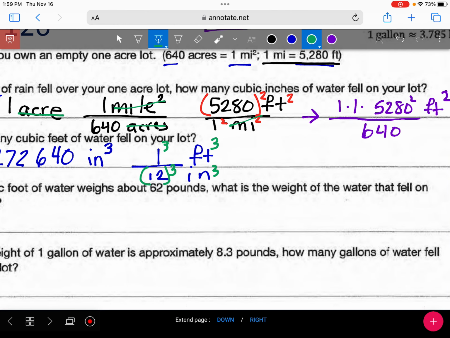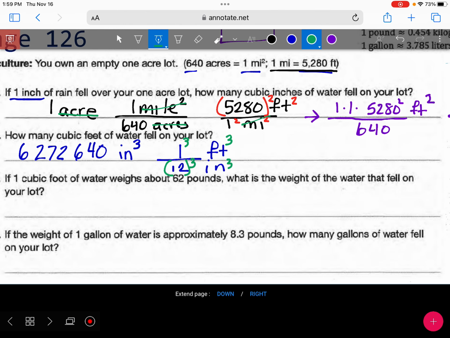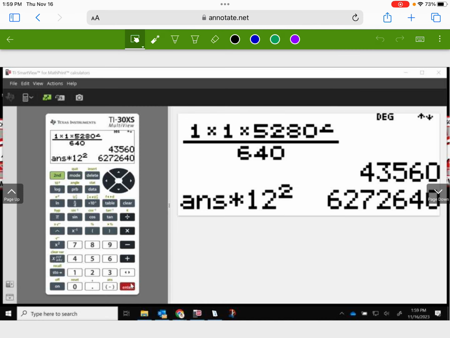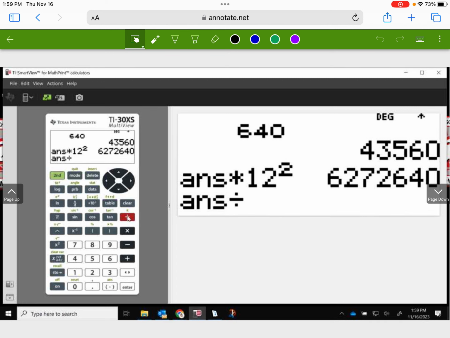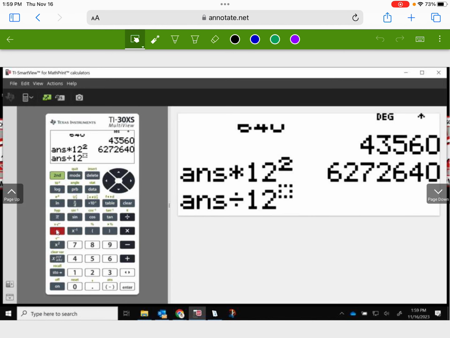So we're going to take our 6 million obnoxious number and divide it by 12 cubed. So if we go into our calculator here, I can take my big number and divide it by 12 to the third.